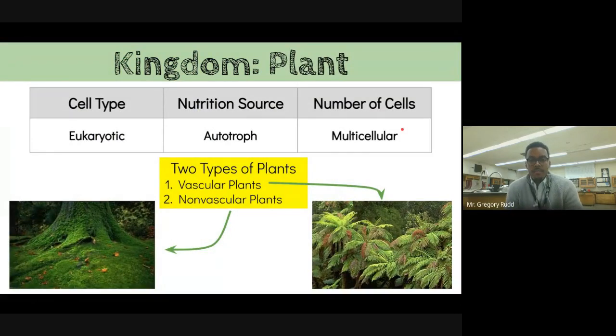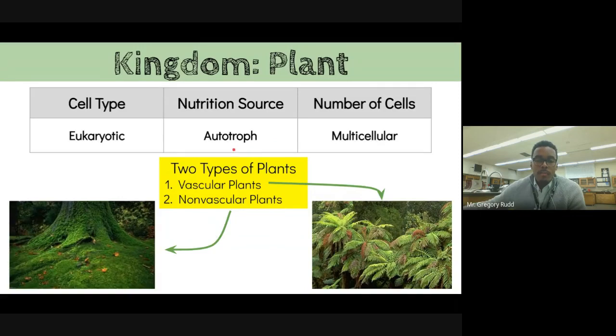Now, the plant kingdom is different because, as Joseph pointed out at the beginning of the class, there are some organisms that produce their own food, and we call those organisms autotrophs. Plants are autotrophs. So they produce their own nutrition.